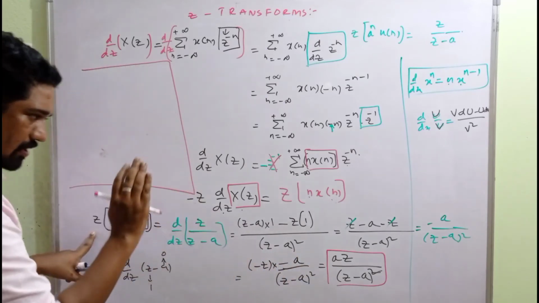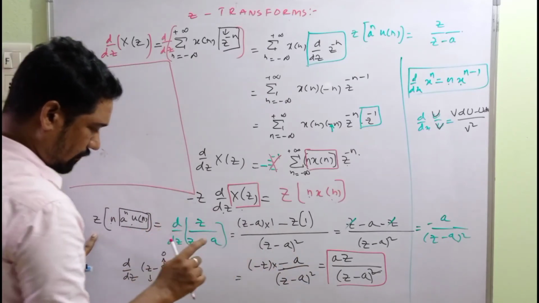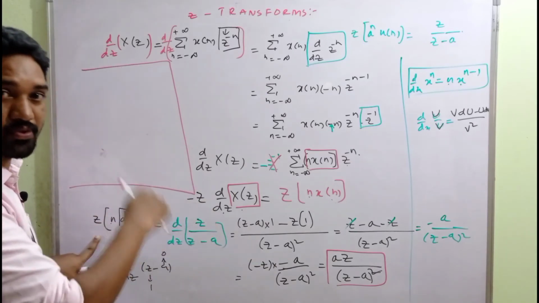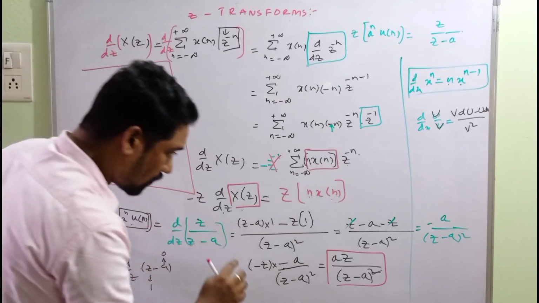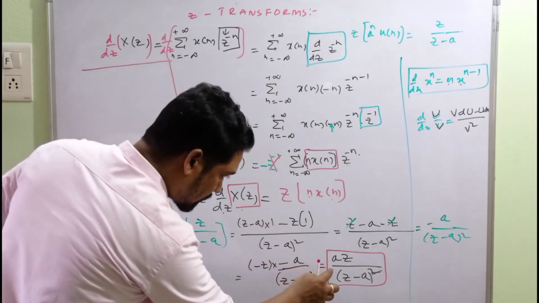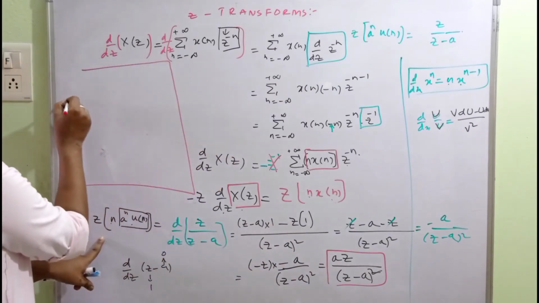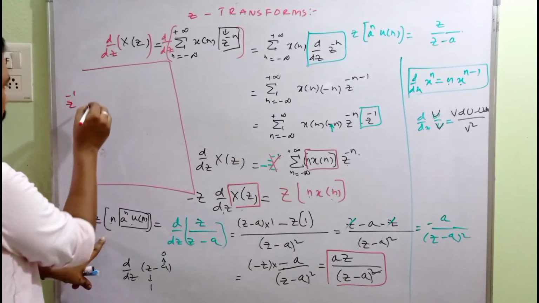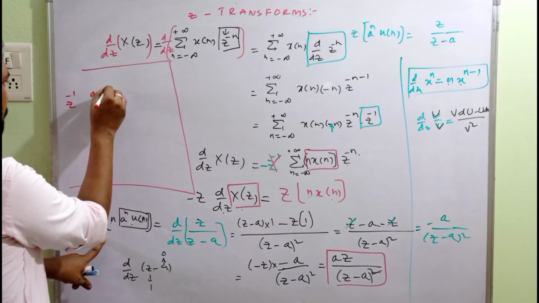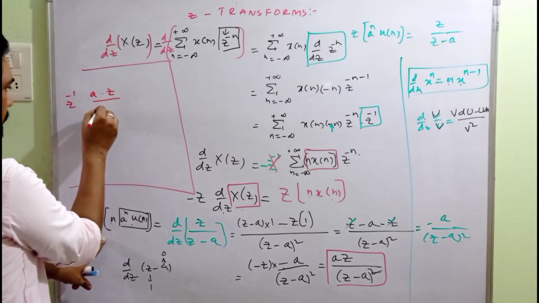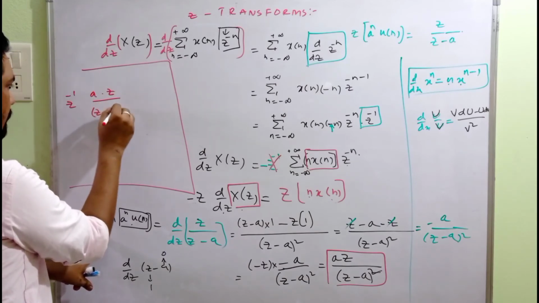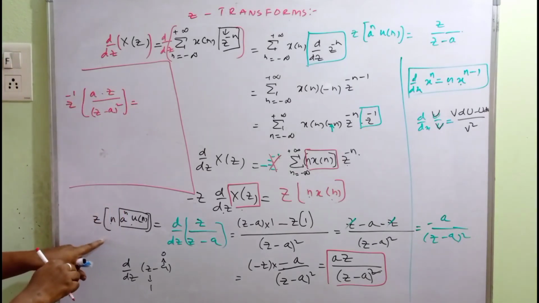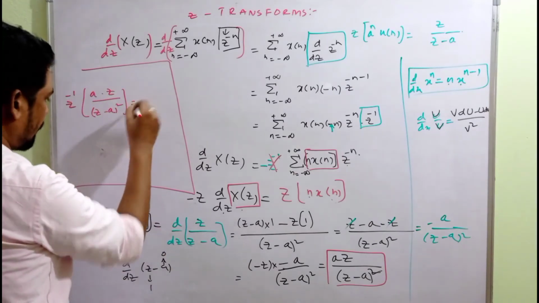So there will be a need, in almost all the deductions, of obtaining the inverse z transform of this one. So z inverse of a into z by z minus a whole square could be proceeded with n into this one.